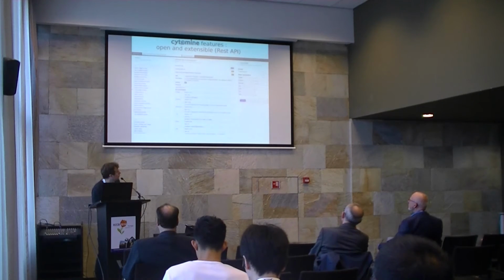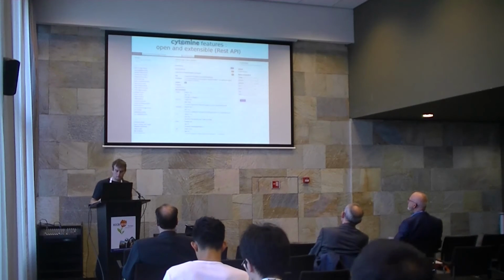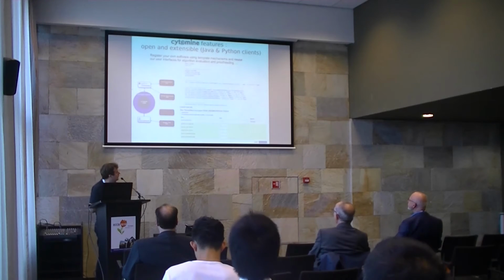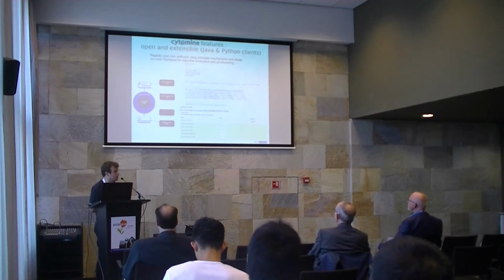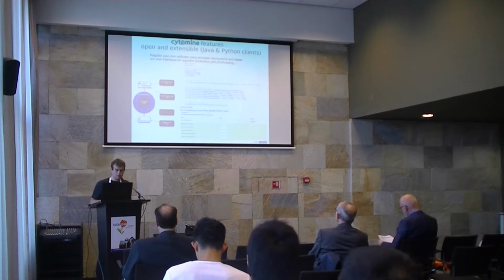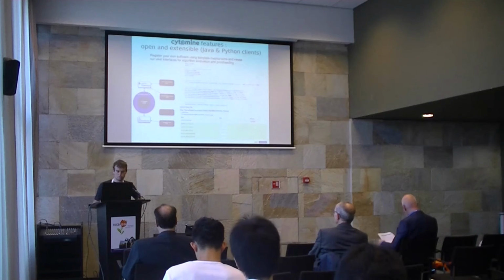Our API has been extensively documented, and you can access this documentation. And to ease the work of computer scientists and data scientists, we have also implemented Java and Python clients that directly access the API, so you do not have to rewrite access functions.